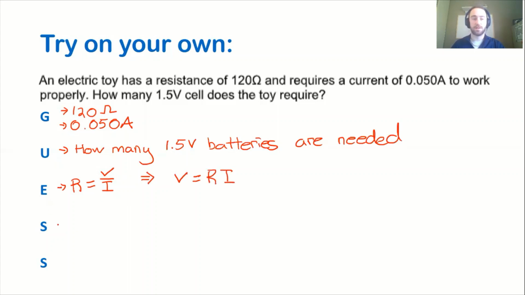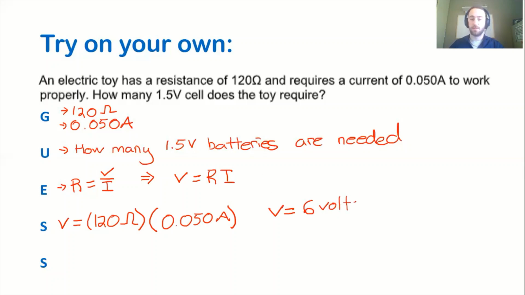So now let's go ahead and solve. Our voltage is equal to our resistance, which is 120 ohms, multiplied by our current. And our current is 0.05 amps. Doing this calculation, we get a voltage of 6 volts. That's great. That's not our final answer though.